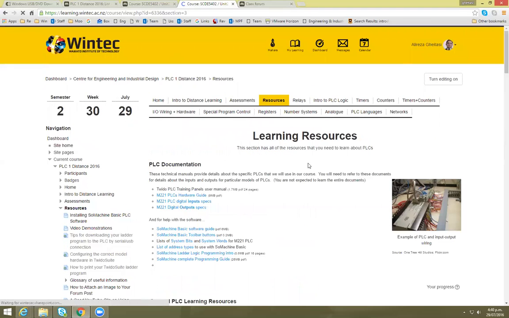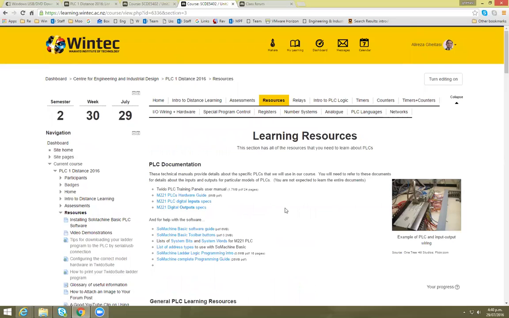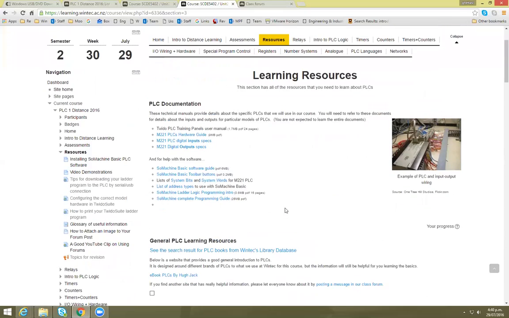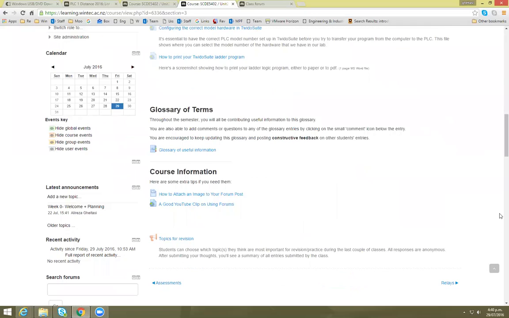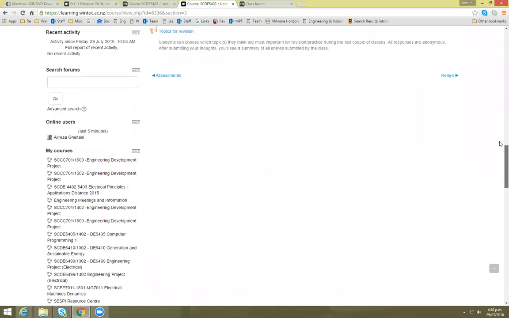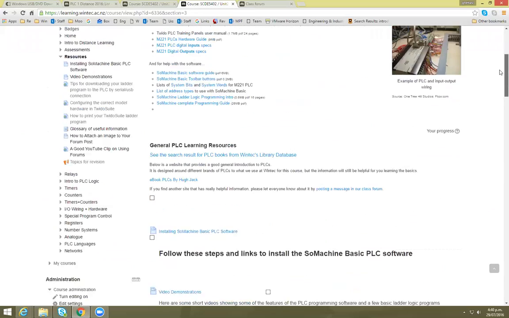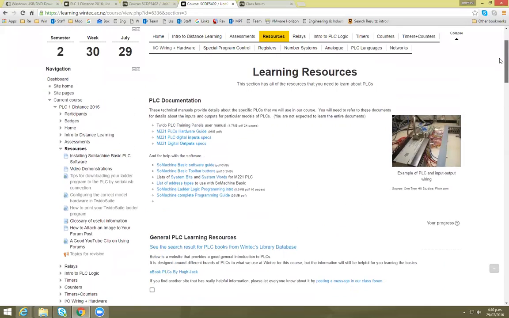Resources. There are several resources available. My expectation before coming to the block course is to get you to look at these resources and get some idea about the projects that you are going to do.